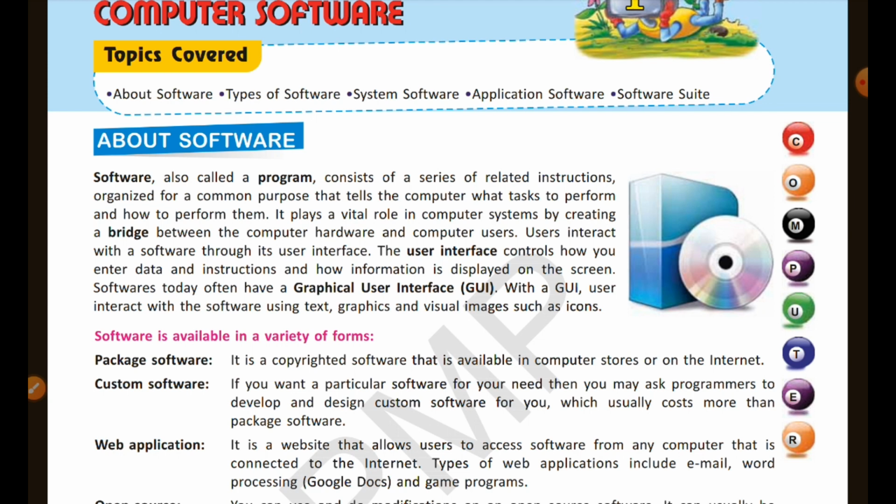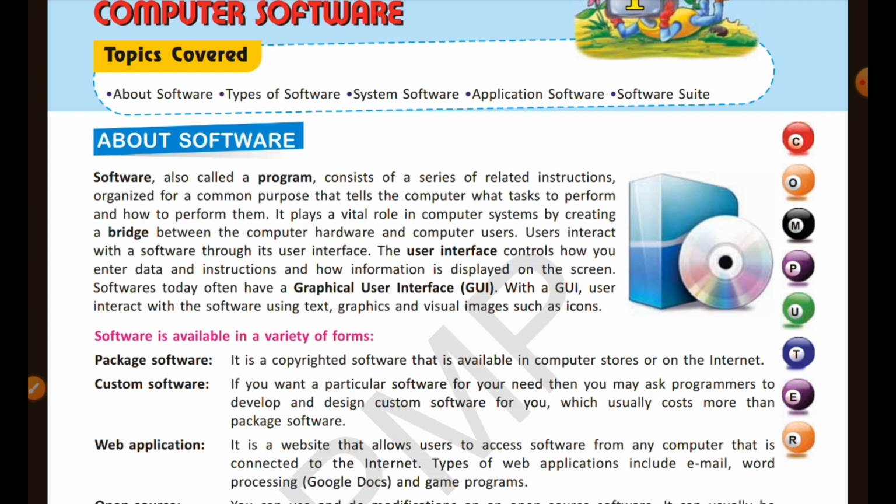It plays a vital role in a computer system by creating a bridge between the computer hardware and the computer user. Means software plays a very vital role. Means it provides a path for a user to interact with the hardware, or provides a bridge between computer hardware and the user.